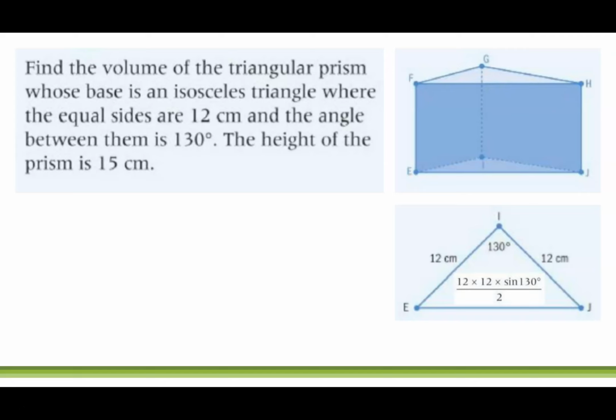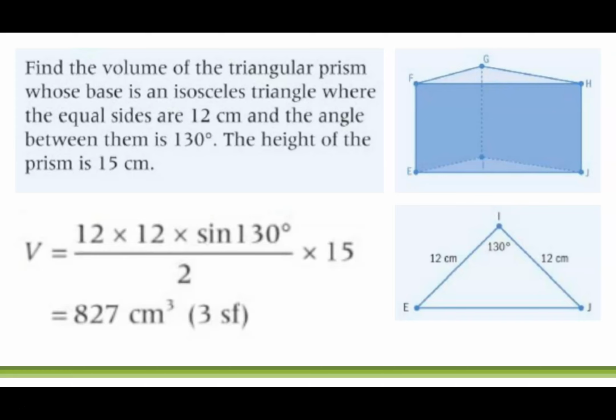So we say there inside the triangle I wrote down, it's 12 times 12 times the sine of 130 and then divided by 2. So that fulfills the area formula for a non-right angled triangle. And if I want the volume, you simply take that area and you times it by its perpendicular height, in which case is 15, and all those numbers jammed into your calculator is 827 cubic centimeters.